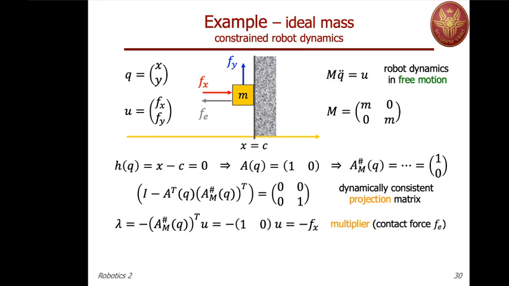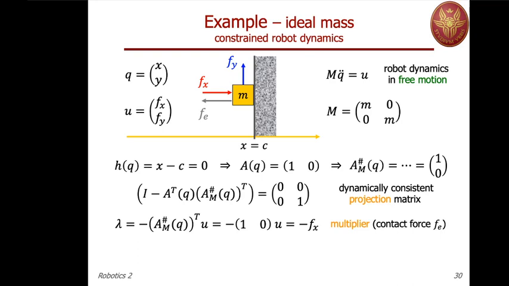So, as we expected, if we apply a positive force Fx which tries to enter the surface, then we will have an opposite contact force, which is nothing else than a multiplier lambda.